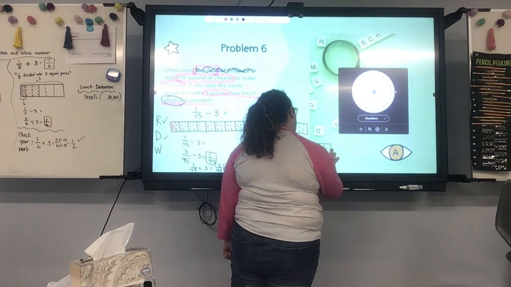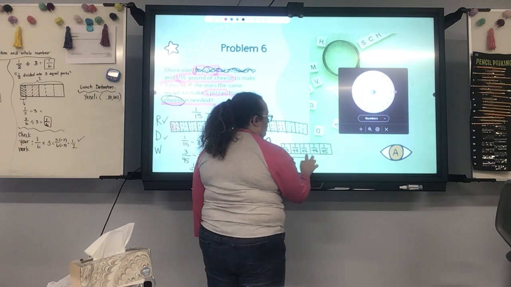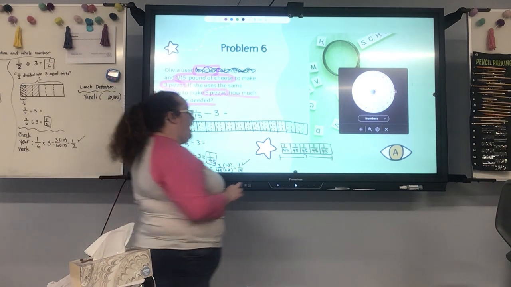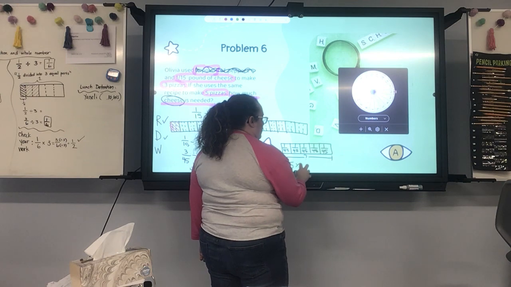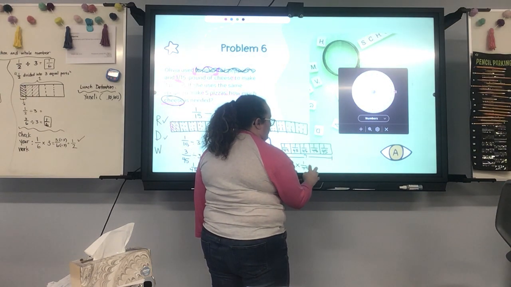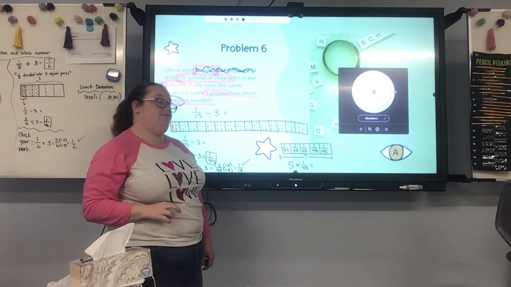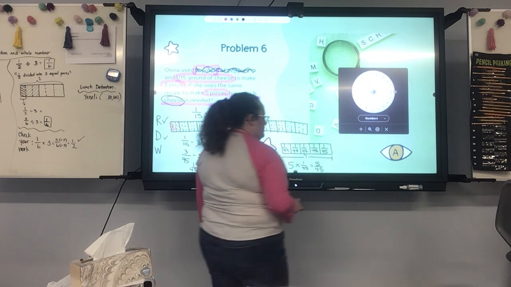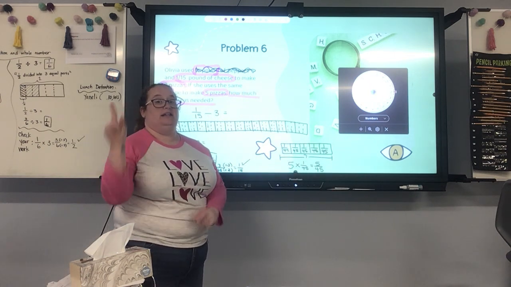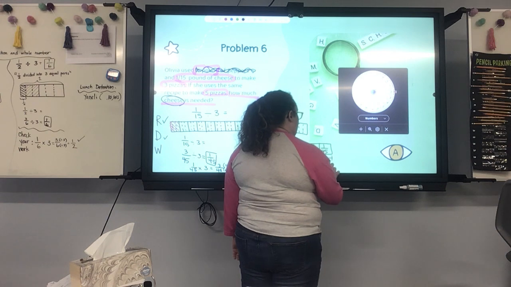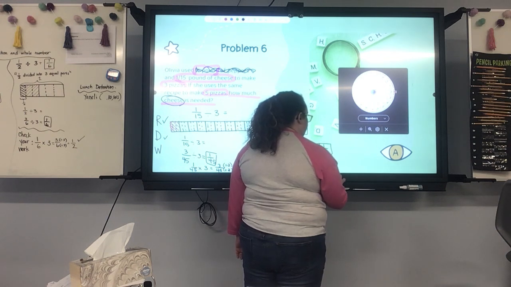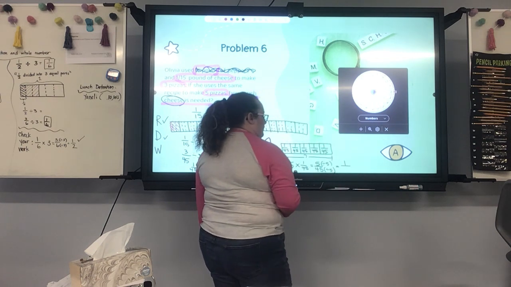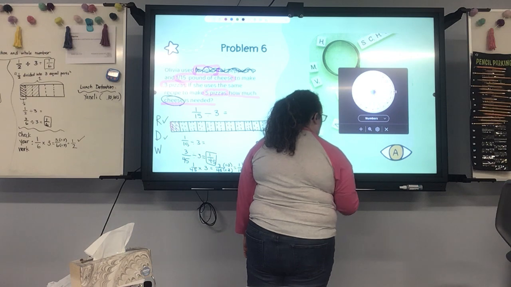I am trying to figure out my answer for the total of how much cheese is on the 5 pizzas. So I would need to do 5 times 1/45. Well, 5 times 1/45 is 5/45. Can it be simplified? Yes, they can both be divided by 5. 5 divided by 5 is 1. 45 divided by 5 is 9.